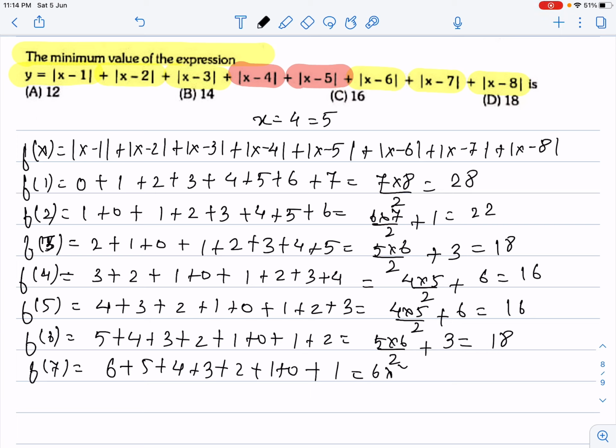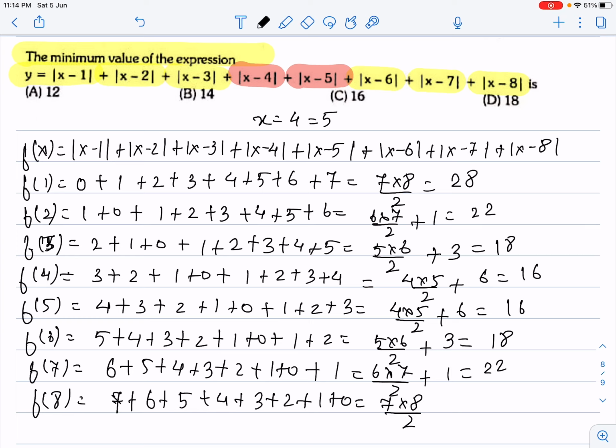That means what? 6 into 7 by 2 plus 1, that is 22. And when f of 8 I'll be computing 7 plus 6 plus 5 plus 4 plus 3 plus 2 plus 1 plus 0. That means what? 7 into 8 by 2, that is 28.